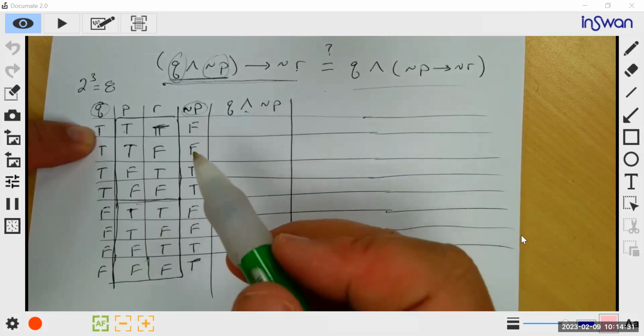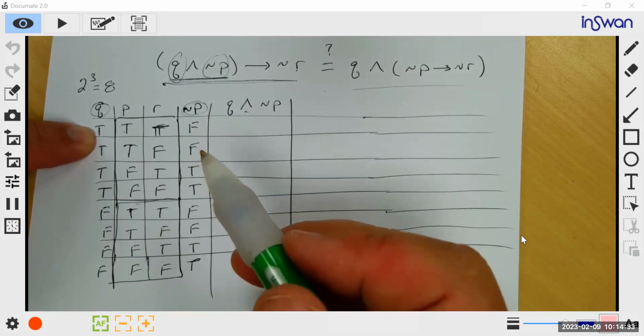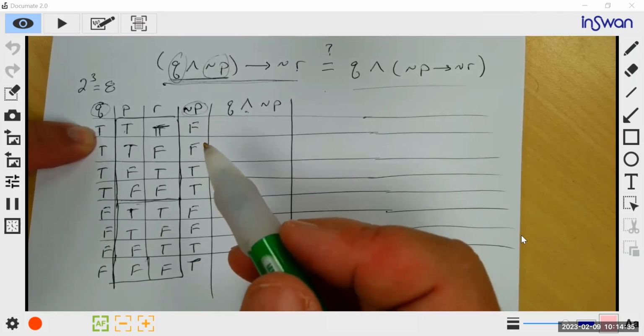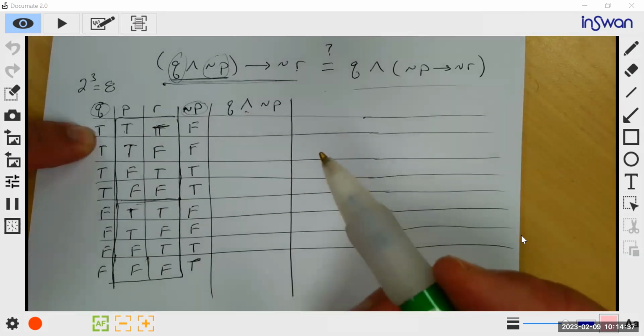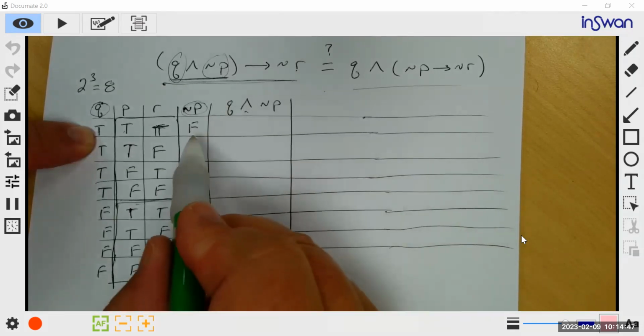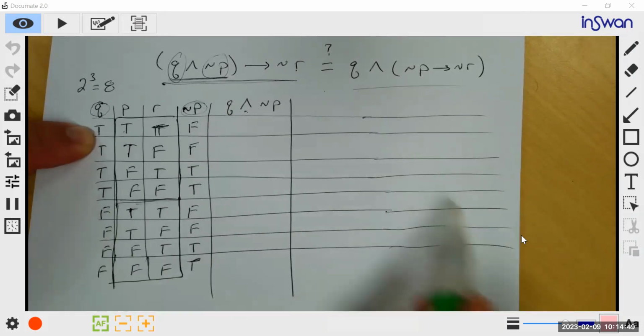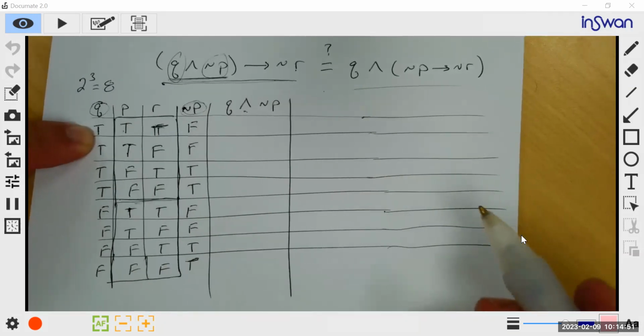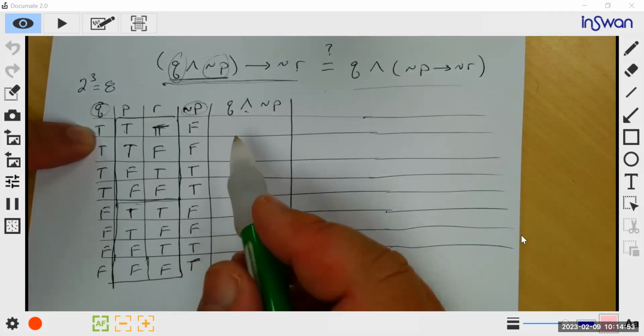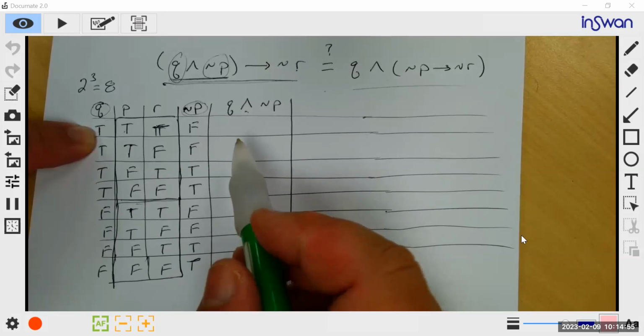Think of what we did last time. What picture do we use? It's an and. That's all we're doing here with true and false. Nothing else in this. Why would it be false?